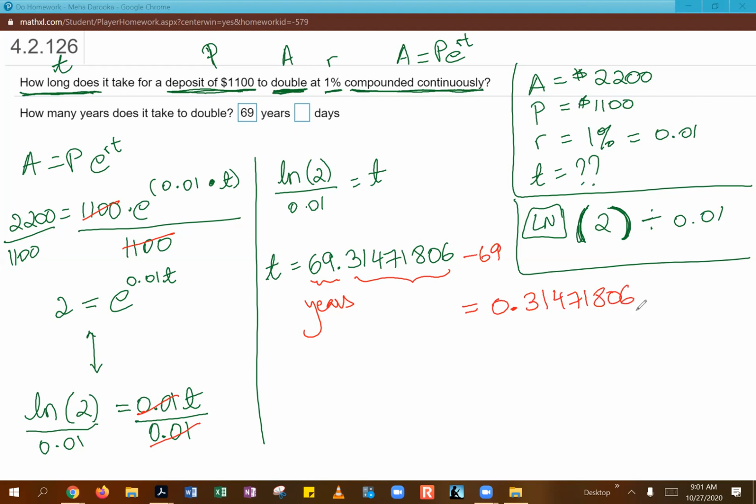Once you are left with the decimal part, just multiply that by 365, because that's how many days we have in a year, and you will be able to convert this into days. So go ahead and tell me what you come up with when you take the decimal part and multiply by 365. Make sure you subtract that 69 first, so you only have the decimals.